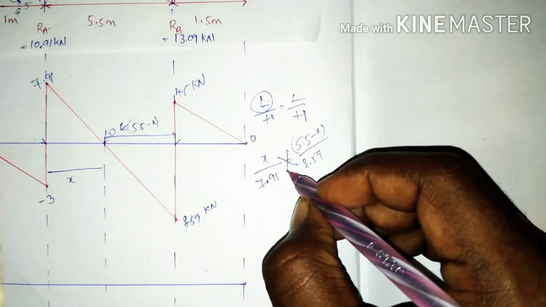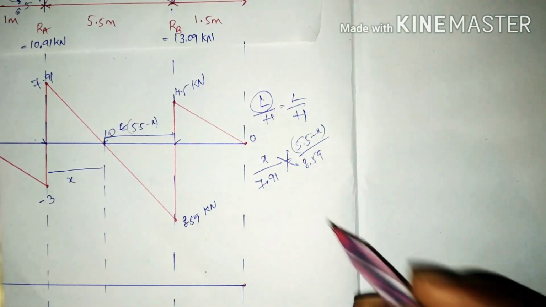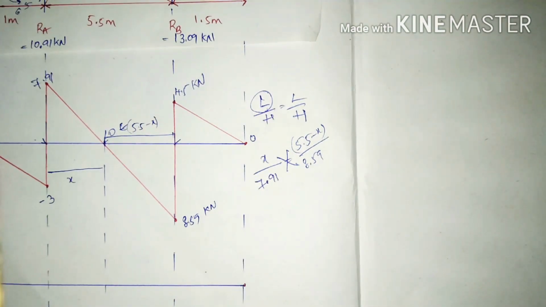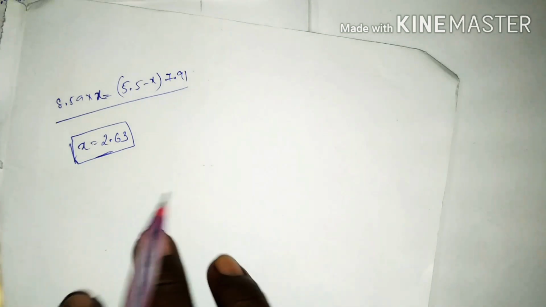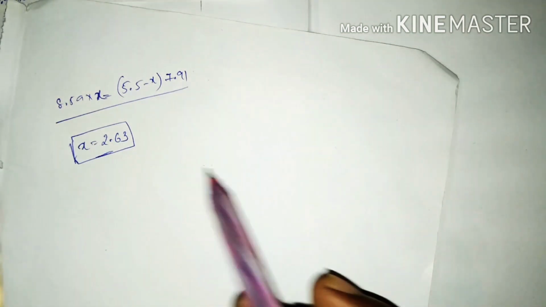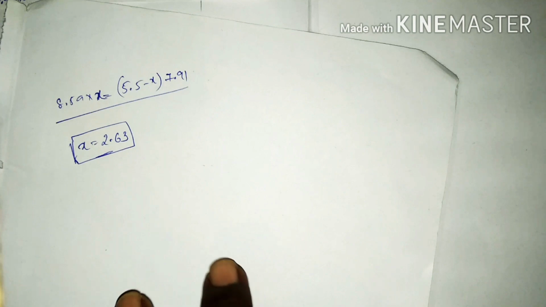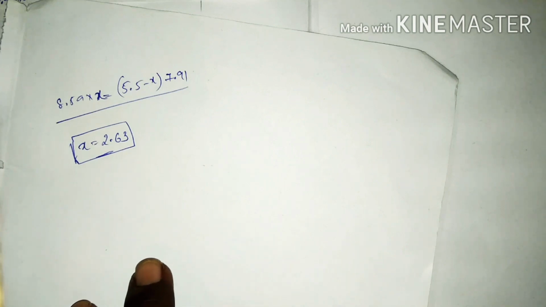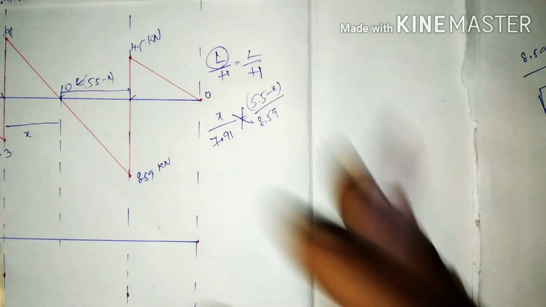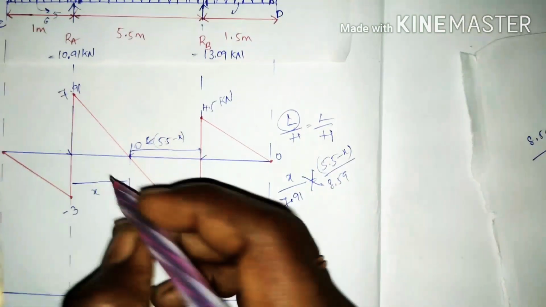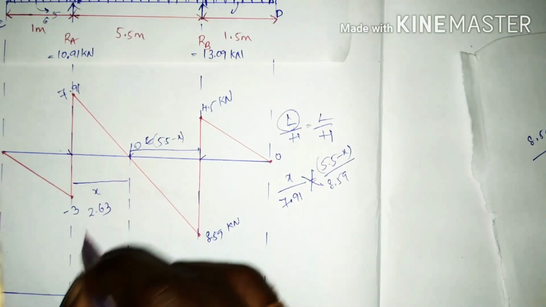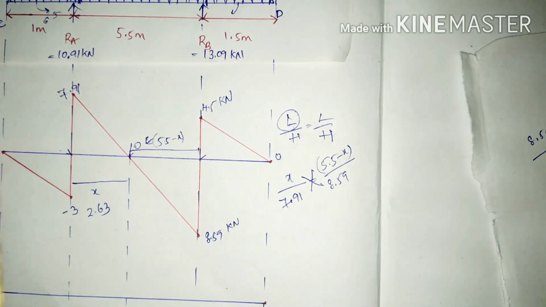By cross multiplication, we are getting the equation 8.59 into x is equal to 5.5 minus x into 7.91. After the calculation, I am going to get the value of x is equal to 2.63. The remaining value, 5.5 minus x, is 2.87.